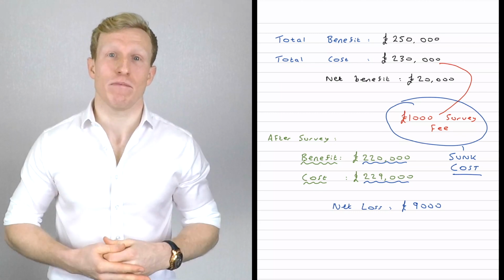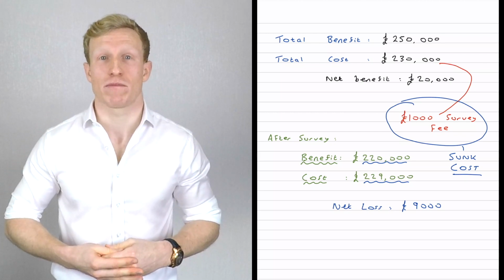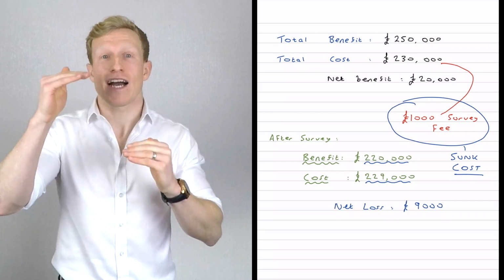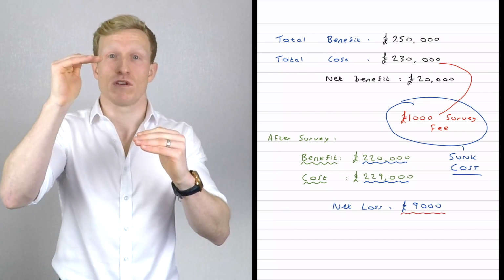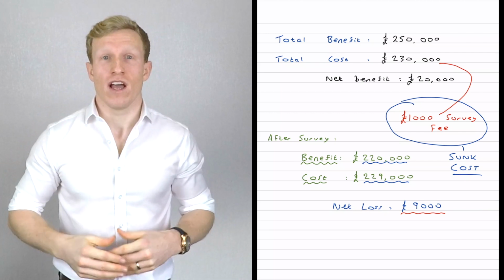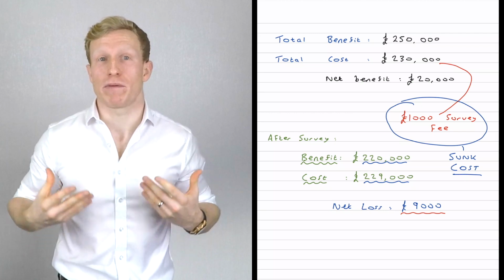So here in this example, if we don't exclude the cost and we take them into account in our decision-making process, we buy a product that actually leaves us with £9,000 worth of loss in the value to us of what we own.